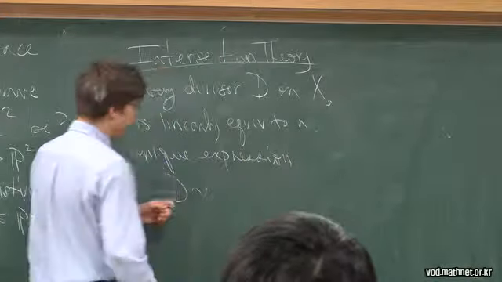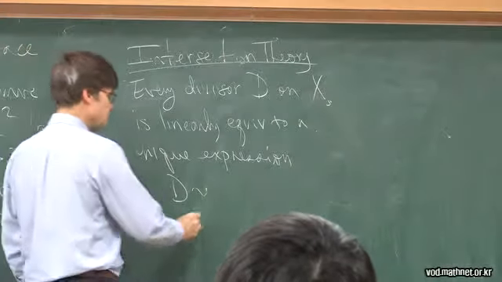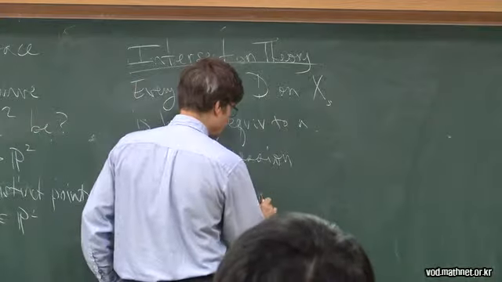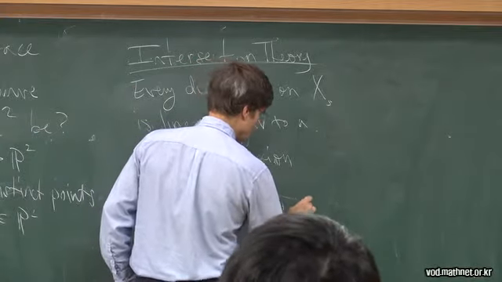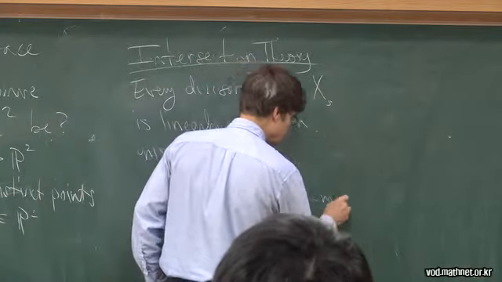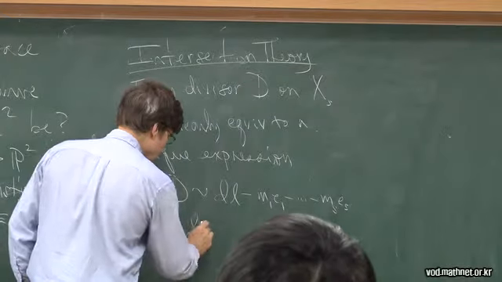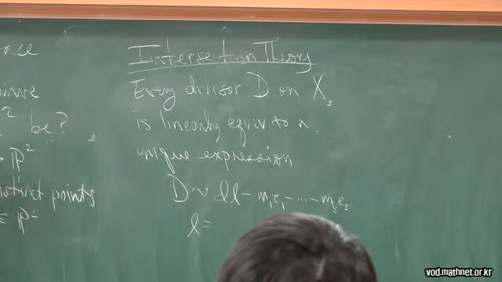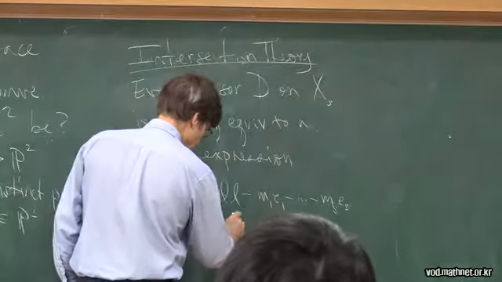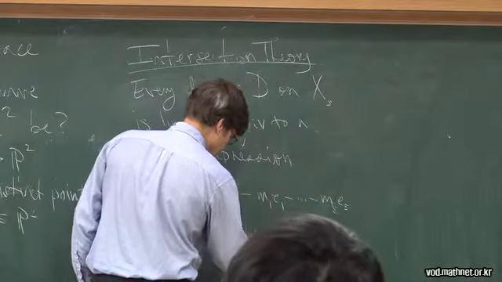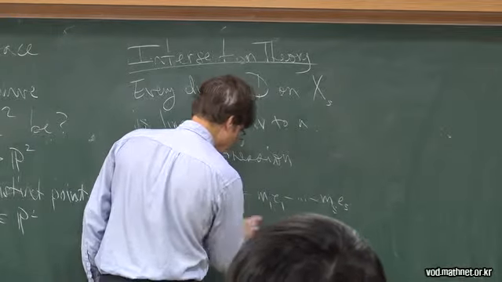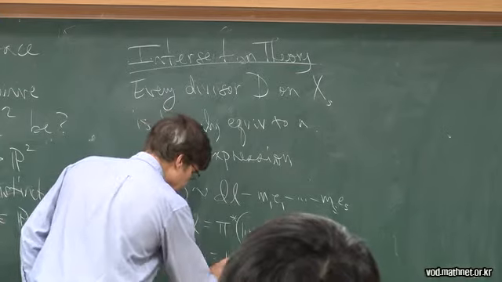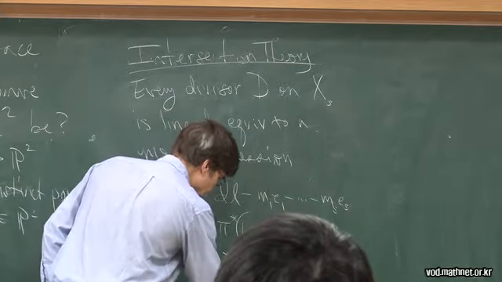So I'll write that this way. Twiddle means linear equivalence. Some multiple of the class of a line minus some multiples of the blow-ups of the points. So L is the proper transform of a line. And E_i is the blow-up of the ith point.